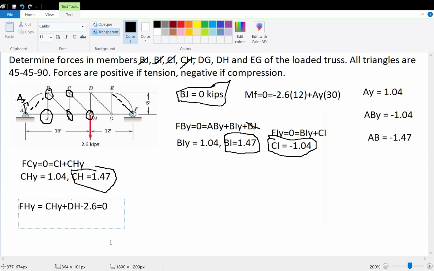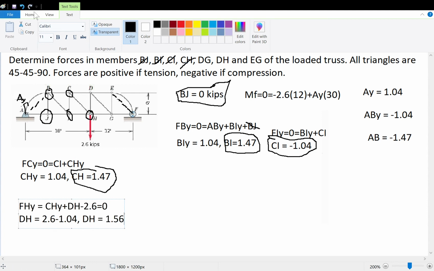And that means that DH is going to be equal to 2.6 minus 1.04, and you would have to rearrange by bringing DH to the other side and making everything negative. And because you already have CHY over here, you would substitute CHY there. And from that information, DH is going to be equal to 1.56 kips.